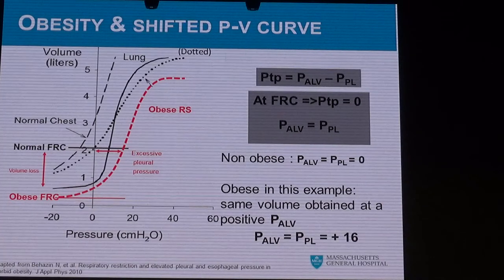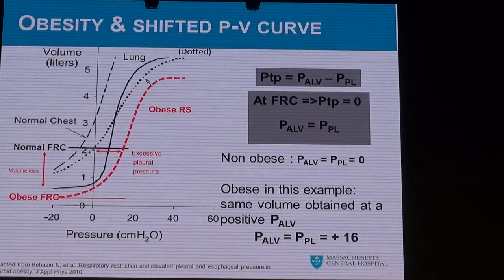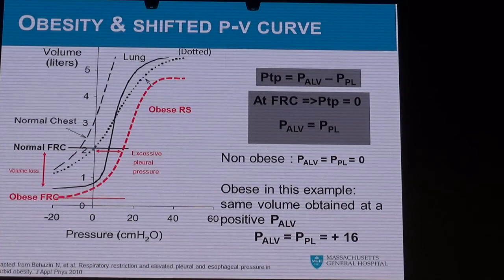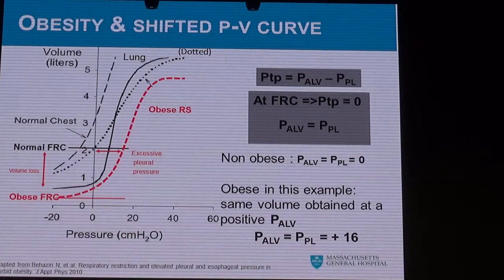What happens is that due to an increase in pleural pressure, in red, at the normal FRC you have about 2 liters, but because of the shift to the right, your FRC is down to 500. That is what is commonly seen in this patient at zero PEEP.